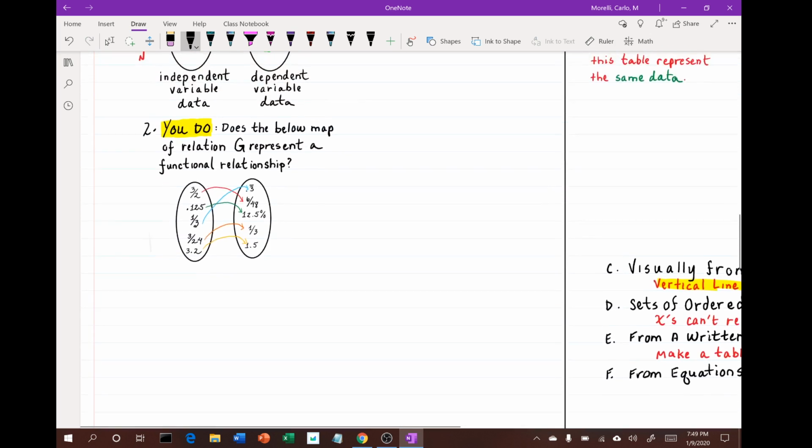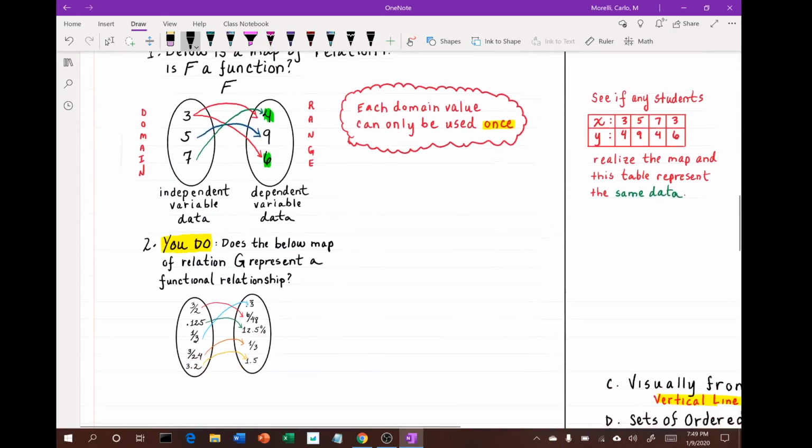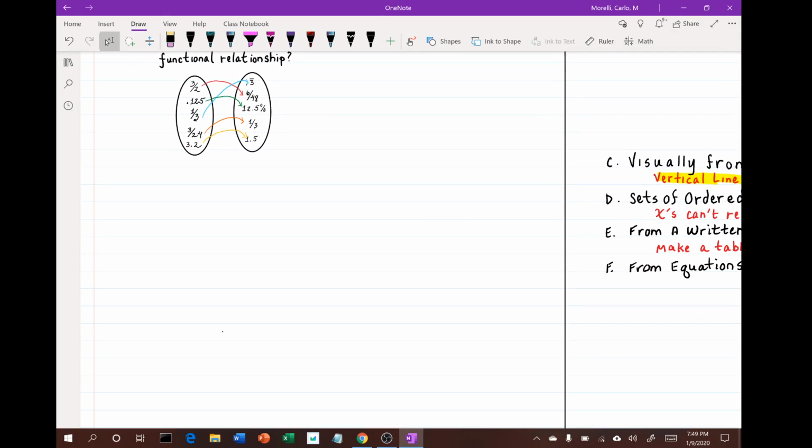And I just need to see what letter we're at. B, so the next one's C. So this is visually, or from a graph, graphically. We'll call it visually from a graph. How about that?